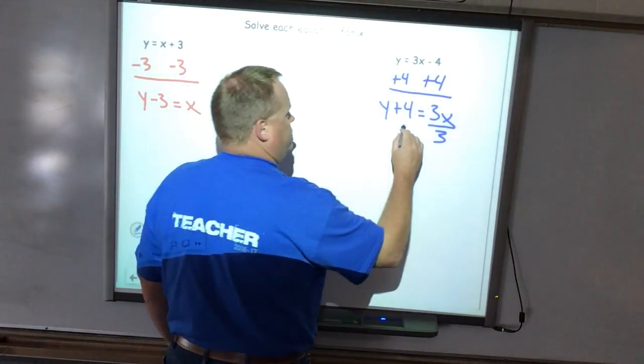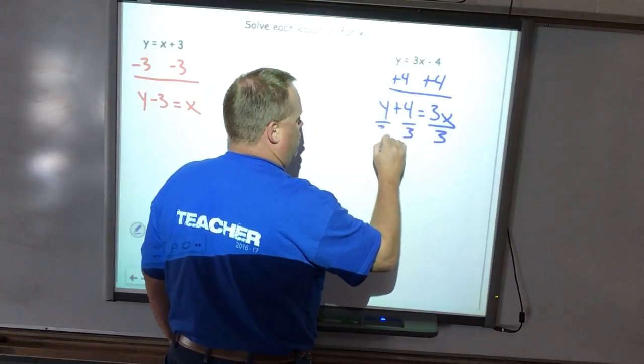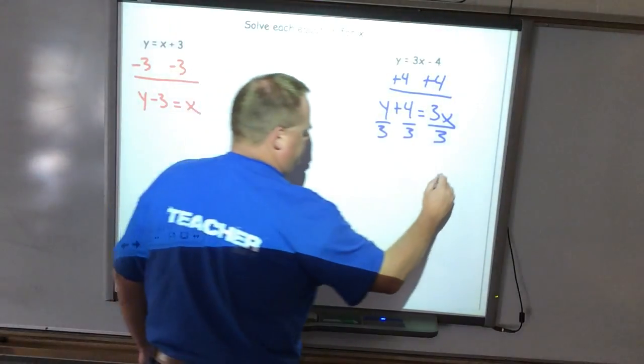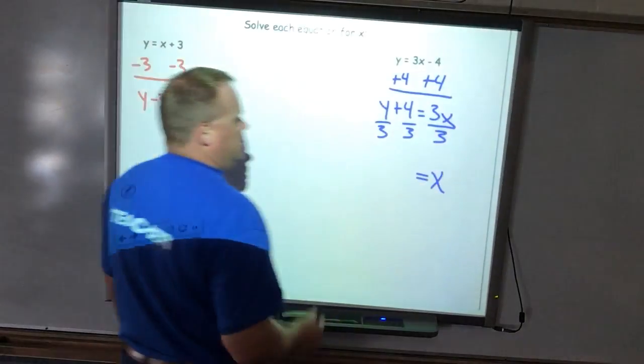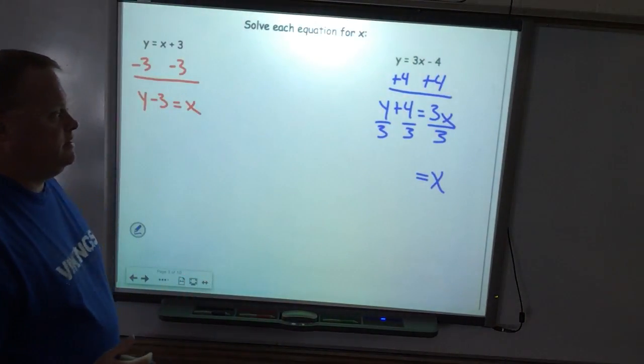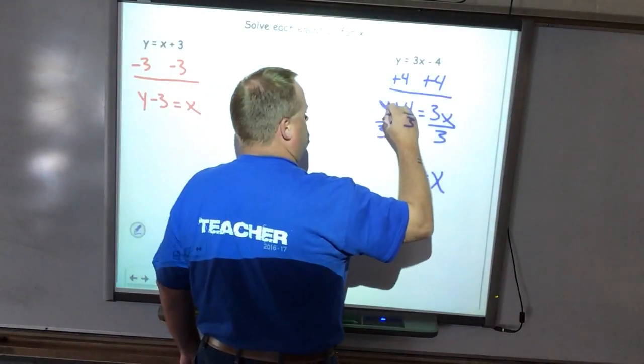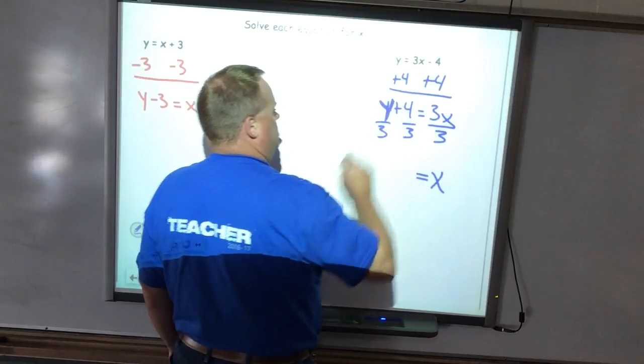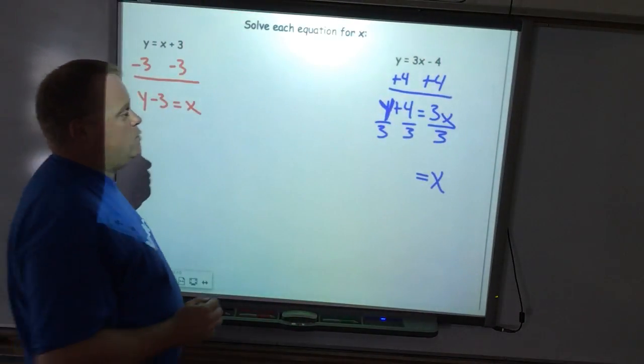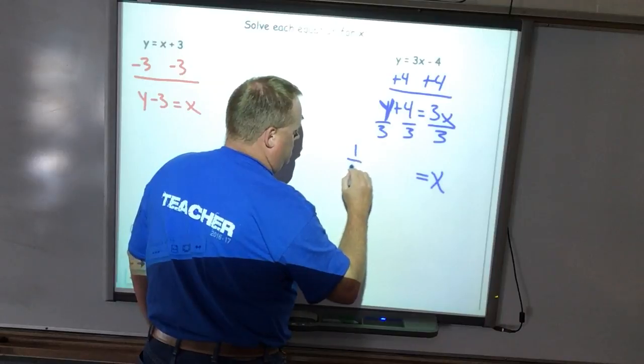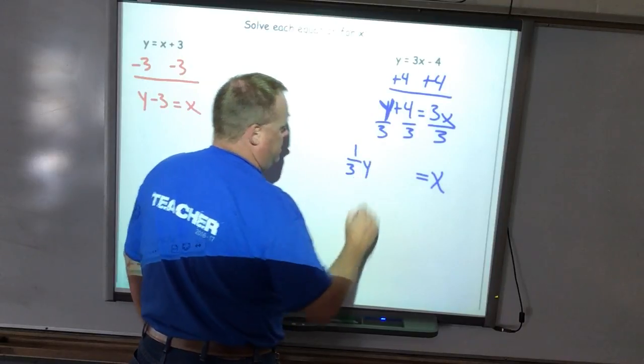As I divide by 3 on one side, I must do it to all the sides. So that's going to leave me my x by itself. The number in front of the y is a 1, so this becomes 1/3 y.